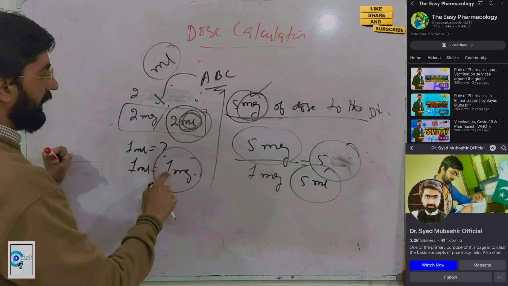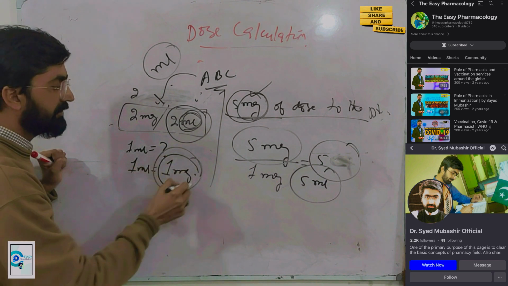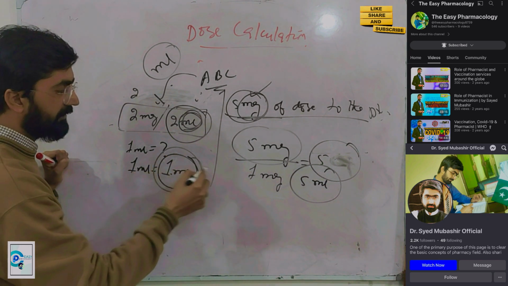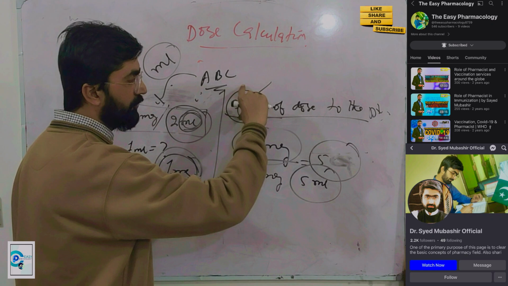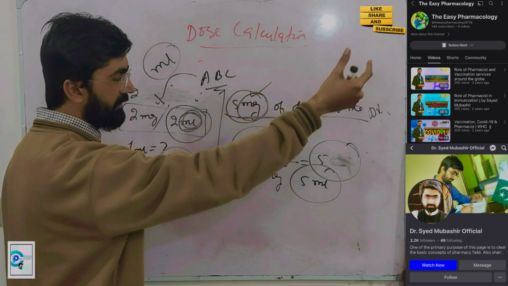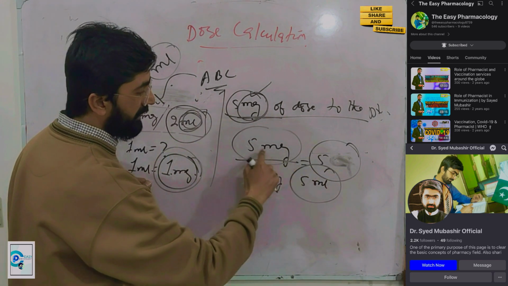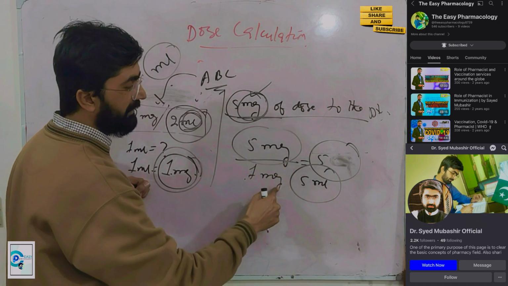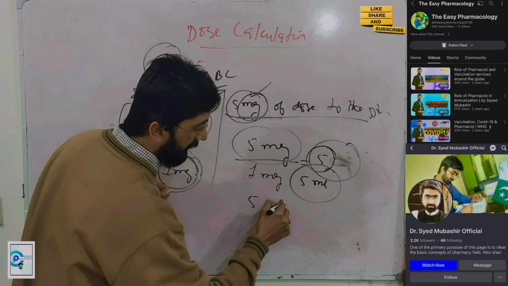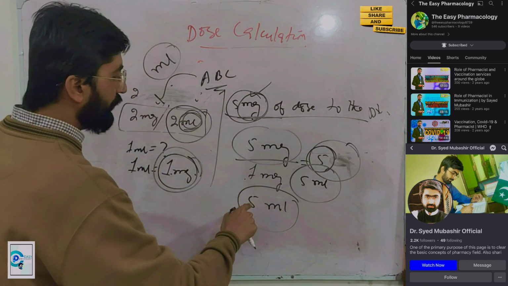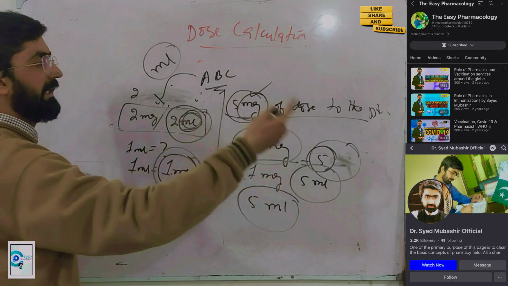Step number one is to calculate how much drug 1 ml will be containing. The value of that drug will be taken here, and we will divide the dose prescribed by the doctor by the value taken from here. If you divide 5 milligram by 1 milligram, obviously the answer will be 5. Now what is this 5? This is 5 ml. If you inject 5 ml, then you will be able to deliver 5 milligram.